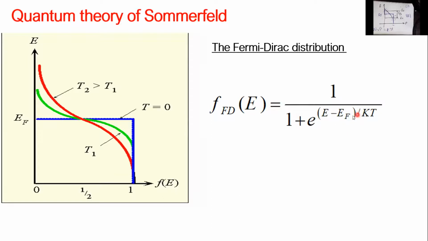And also we have the introduced term which is called EF, or the Fermi level. If you remember, the Fermi level is the indicator to find electrons and holes. So let me speak for a few minutes about the Fermi level, because it's very important to know what it is.